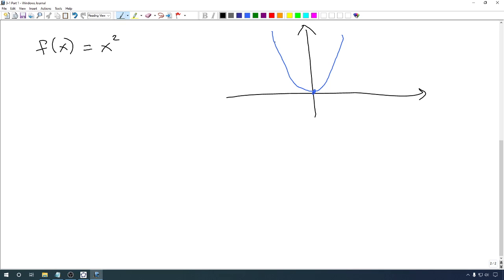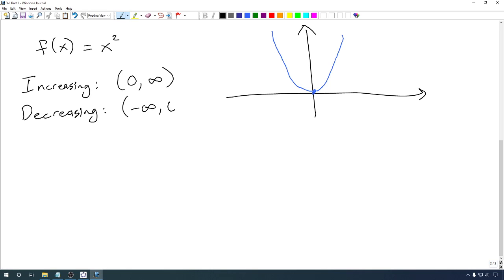When we put in bigger numbers, so less negative numbers, you could say, we get smaller values out. Here, when we put in bigger numbers, we get bigger values of x squared. So you'd say here it's increasing on the interval from 0 to infinity, and it's decreasing on the interval from negative infinity to 0.